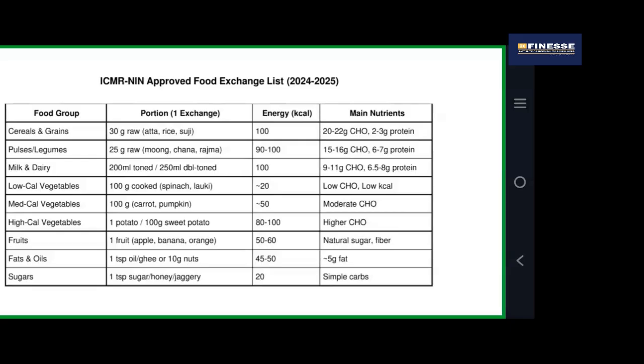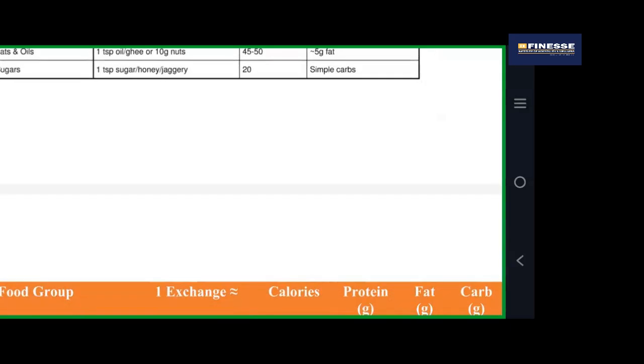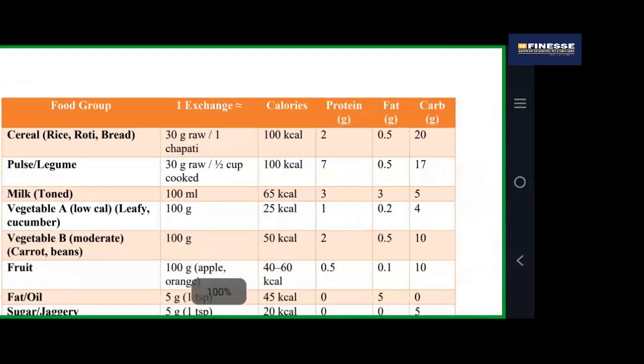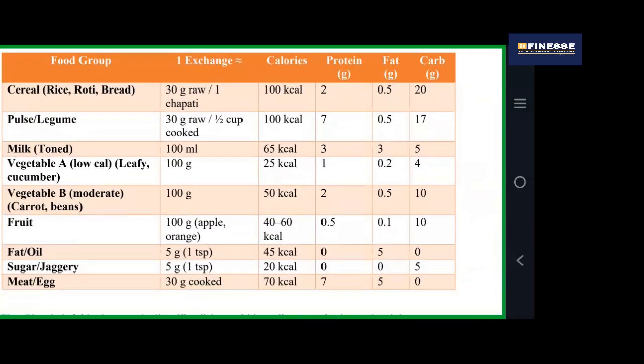Yes. Okay, so when I come to the exchange list, the first category is your cereals category. Examples of cereals are rice, roti and bread, any cereal. Here we can see that one exchange is 30 grams, that is your one portion.